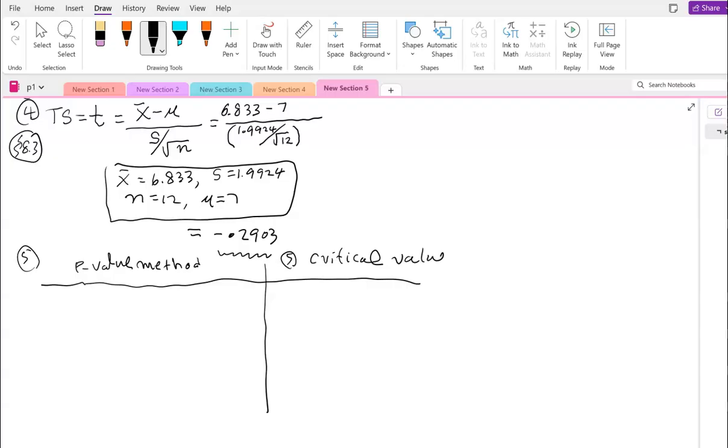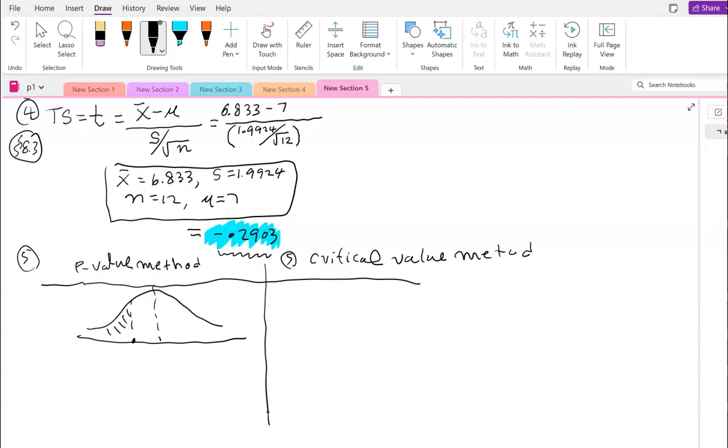So with the p-value method, we find the p-value. So this is the test statistic, and then the p-value will be for negative 0.29.